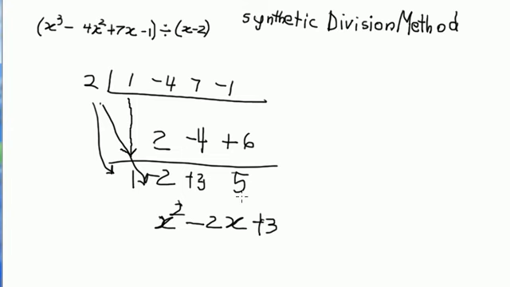Plus I have a remainder. This last term is actually the remainder. If it's 0, then you do not have a remainder, but in this case we have a remainder of 5. So plus 5 over x minus 2.